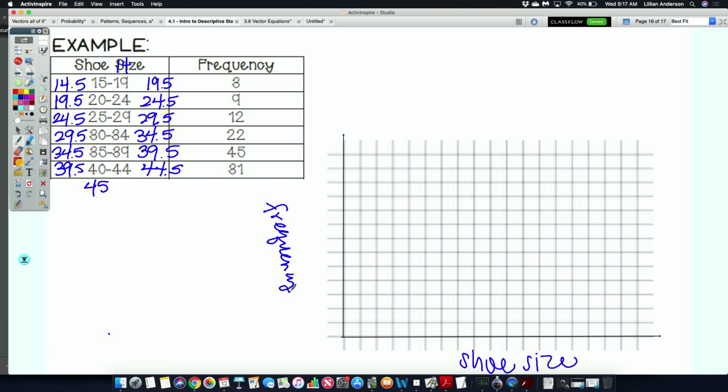Now we need to make sure that we scale this. How should we scale our x-axis and our y-axis? You guys want to do our x's by 5s? Sure. Okay. I'm not going to include a break for this one.